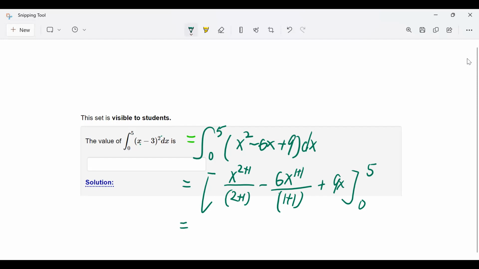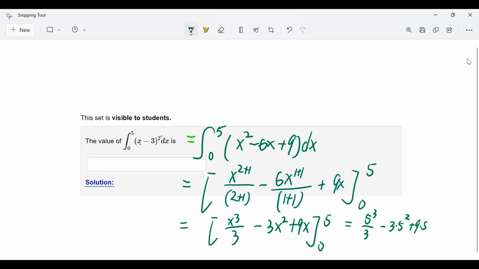So it's going to be x cubed over 3, minus 6x squared over 2, that will be 3x squared, and adding 9x. And it's from 0 to 5. So throw in the 5 first. So we're going to get 5 cubed over 3 minus 3 times 5 squared, adding 9 times 5. And then if you put in the 0, everything becomes 0, right? So we don't have to do that.